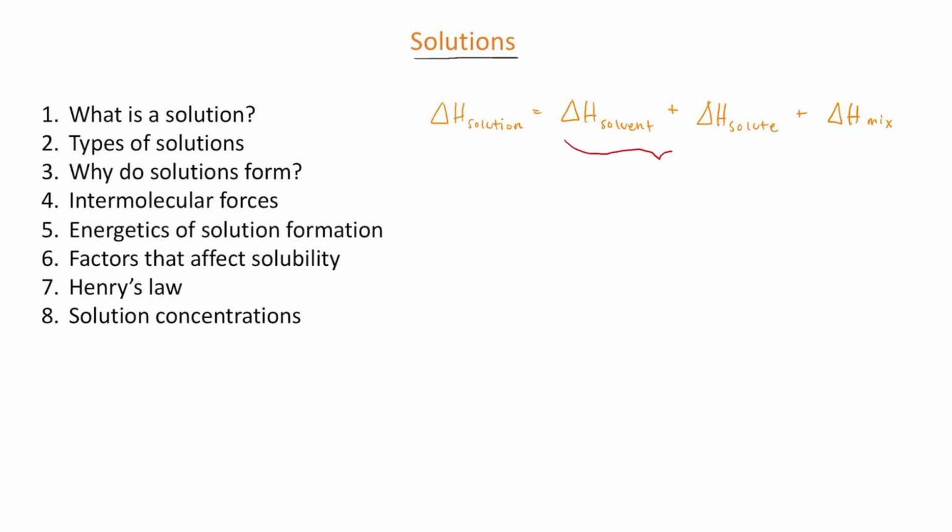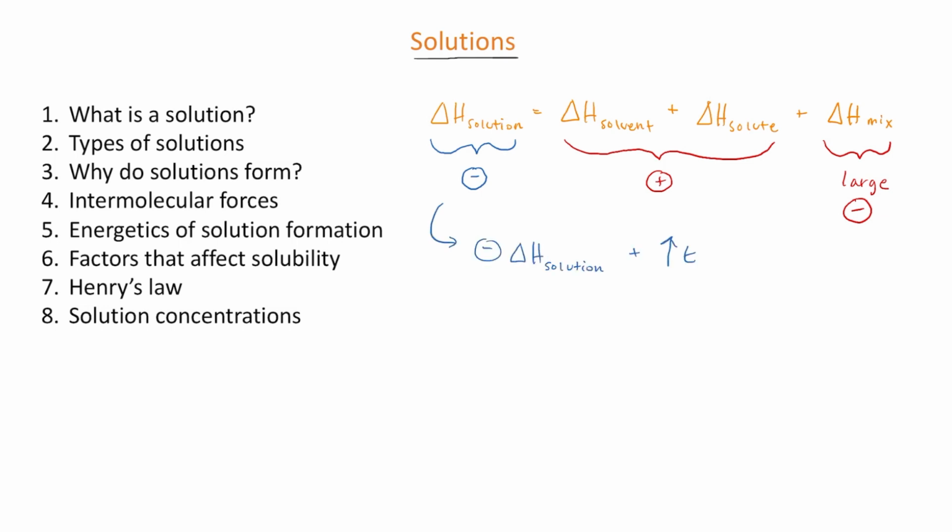And even though the delta H for the solvent and the solute is positive, if delta H mix is a large enough negative value, meaning really strong bonds were formed between the solvent and the solute, then delta H for the solution can be negative. And if solution formation releases energy and the entropy of the system increases, then the solution will form.